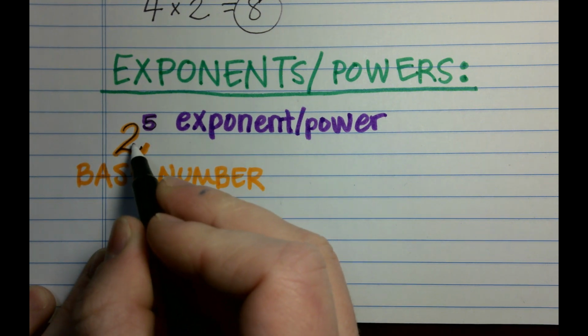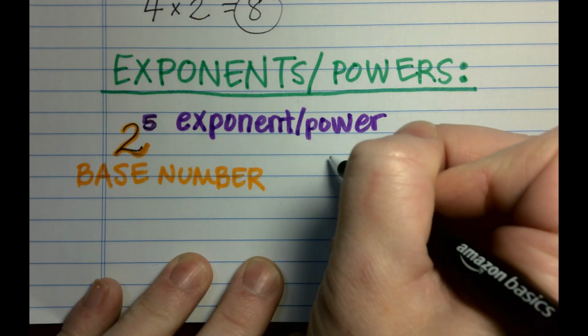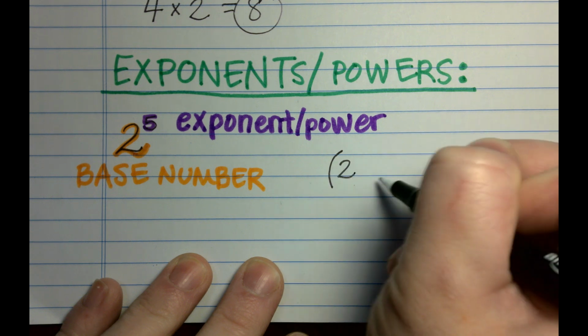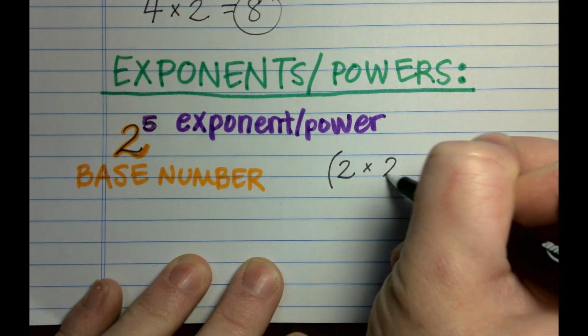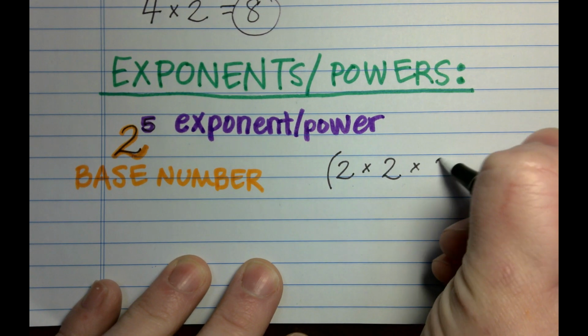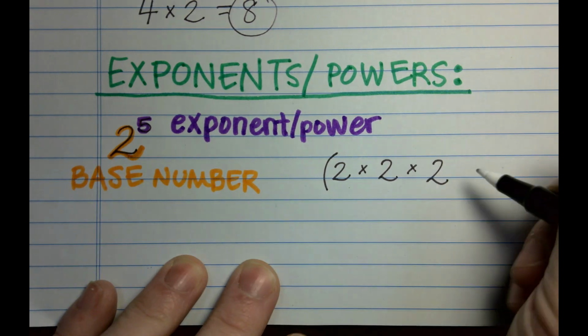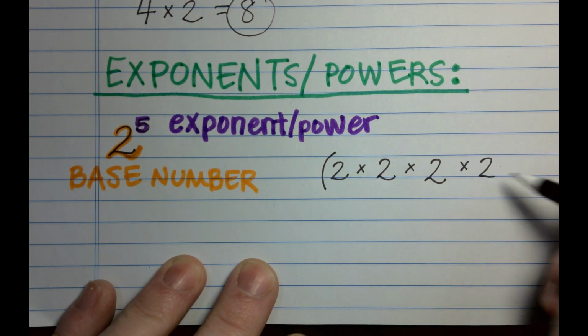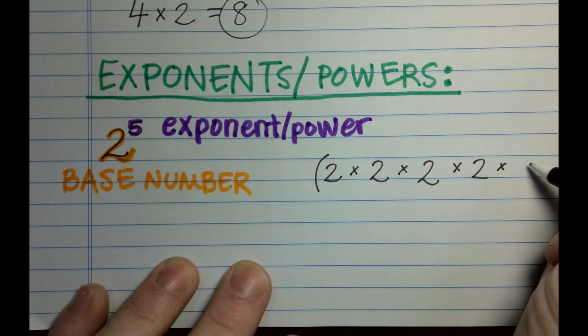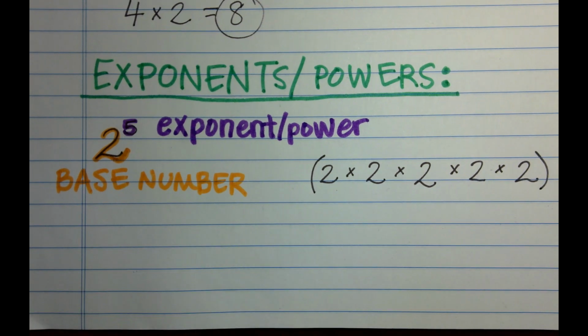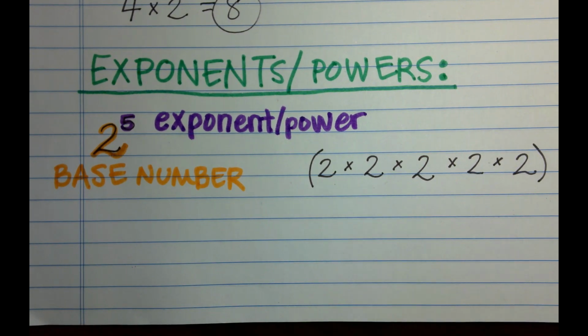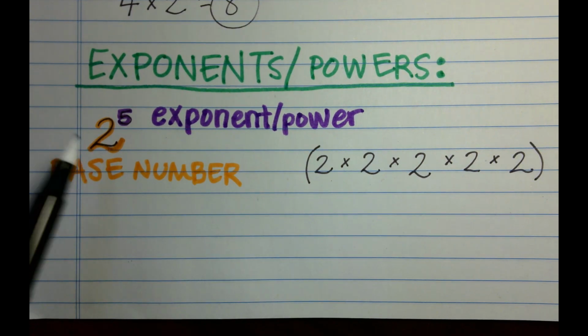So 2 to the 5th power would be 2 times 2 times 2, that's 3 of them, times 2, that's 4 of them, times 2, that's 5. So 2 to the 5th power is really this.